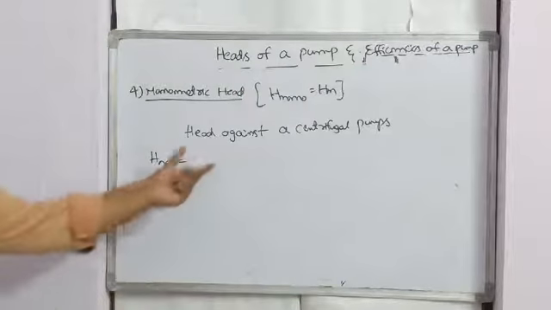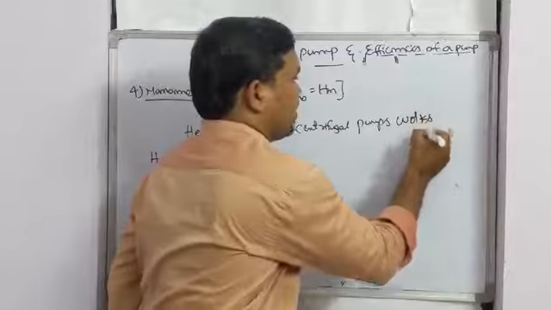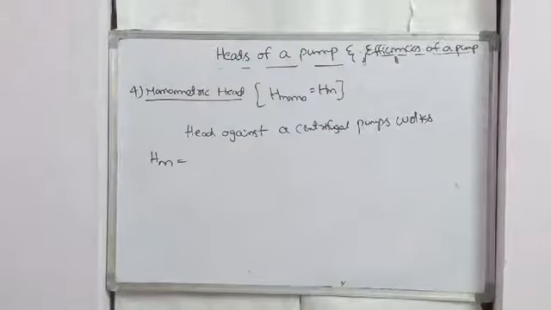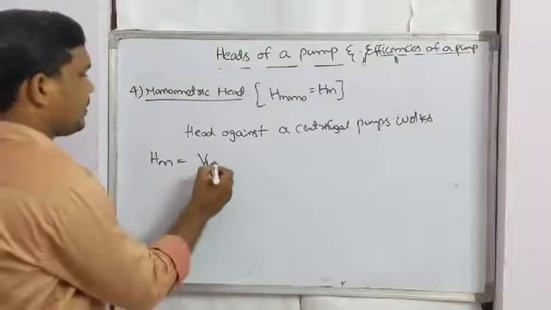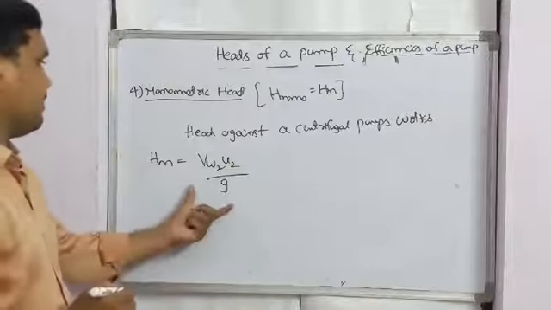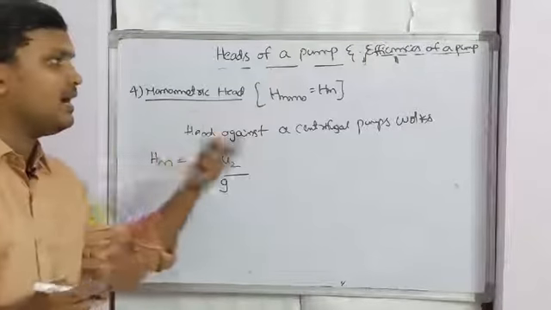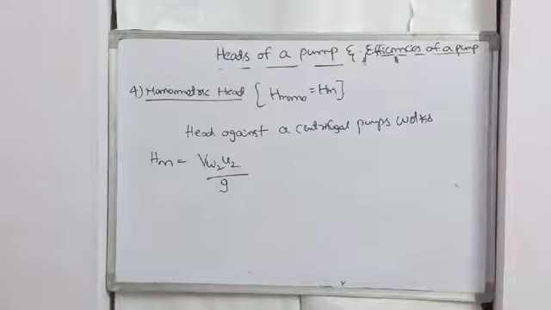So what is the head against which a centrifugal pump works? It is the work done by the centrifugal pump, which is Vw2 U2 by g. The work done by the impeller is always equal to the manometric head of the impeller or pump.